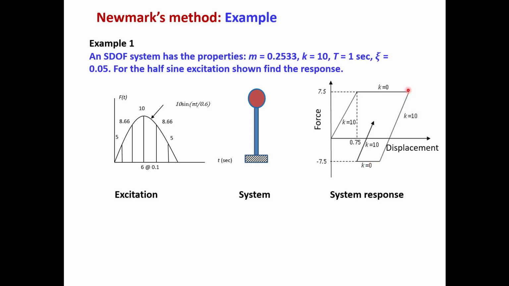At this point velocity will be 0, and then immediately the next point after one time step it will become negative. So I can understand when it reverses the sign of the velocity, and I understand it is changing the stiffness once again to K equal to 10 hypothetically, and it reverses its hysteretic behavior. This loop will continue so long as you go on exciting the system.